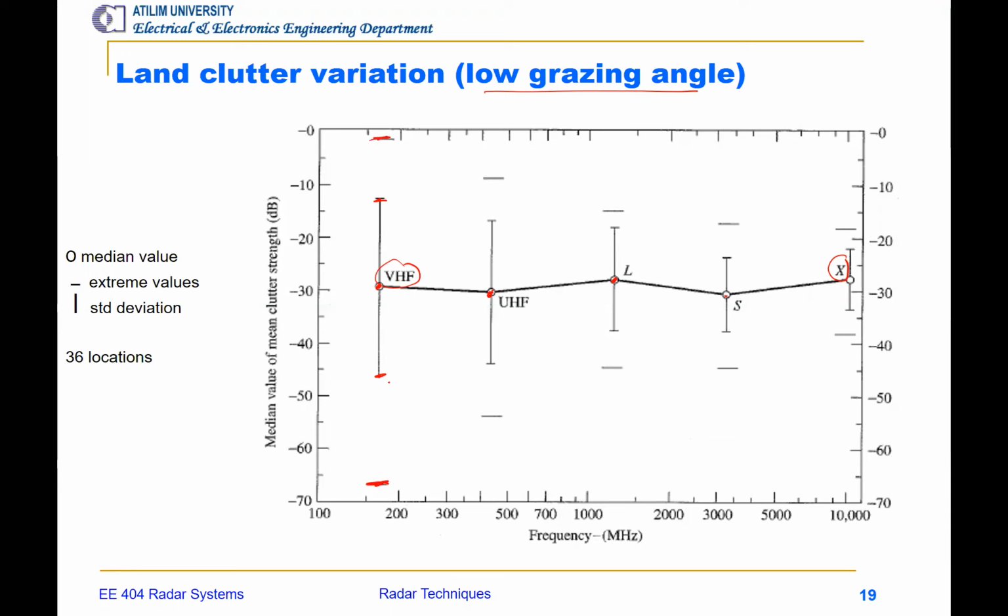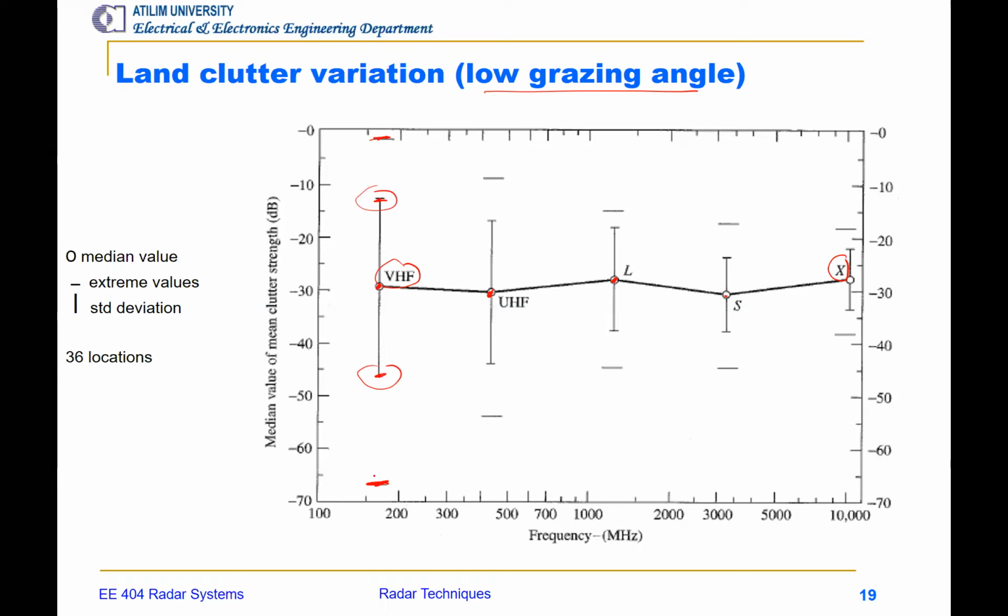So for VHF, for example, the median value of the mean clutter strength reflectivity is in between minus 45 to minus 10 approximately.